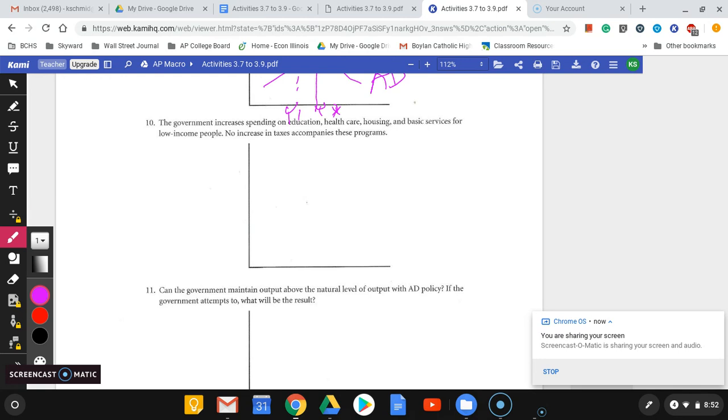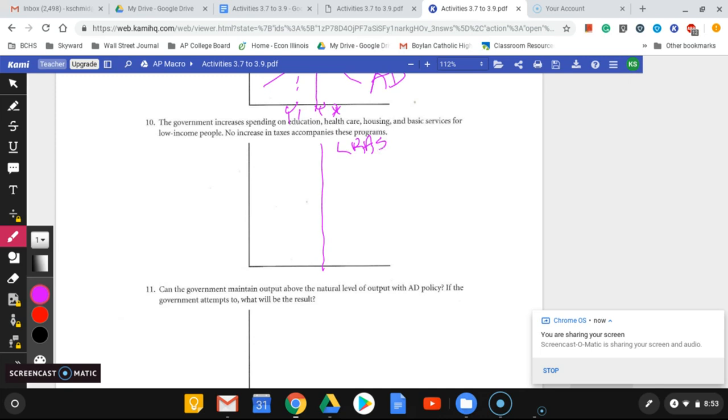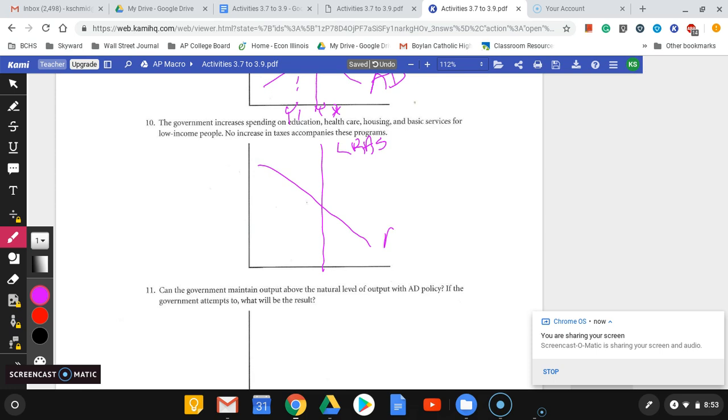Okay, now we're going to go down and we're going to do number 10. So again, I'm going to start by drawing long run aggregate supply. Okay, government spending increases. So let's draw aggregate demand and short run aggregate supply. So the government's increasing their spending on education, healthcare, housing, and basic services for low-income people, and there's no increase in taxes to pay for these programs.